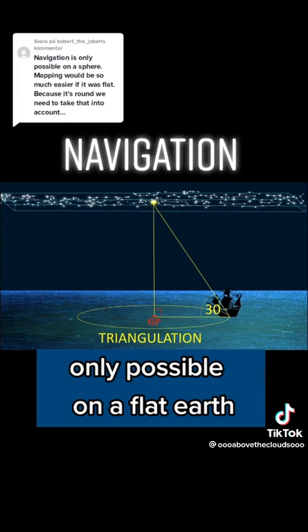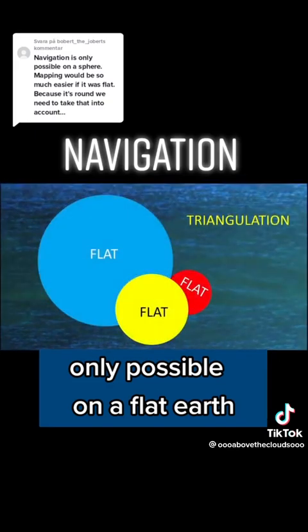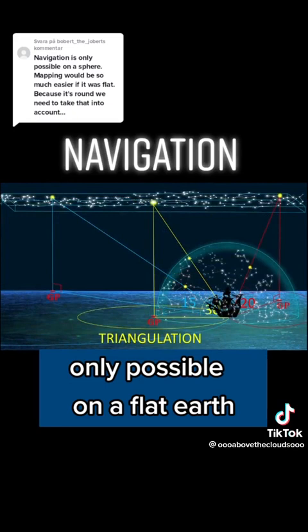To triangulate your actual position, you need to repeat these steps with other stars. Your position is where all these areas of equal altitude meet. This is how celestial navigation works and has always worked on our flat level plane, using the celestial flat level plane.